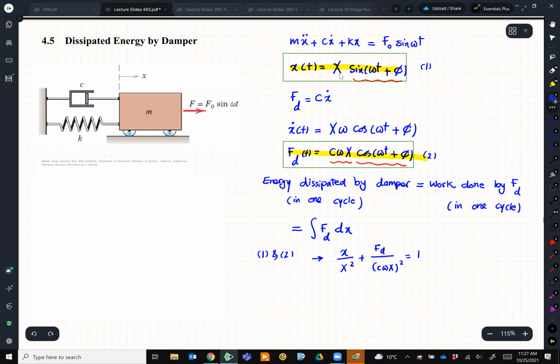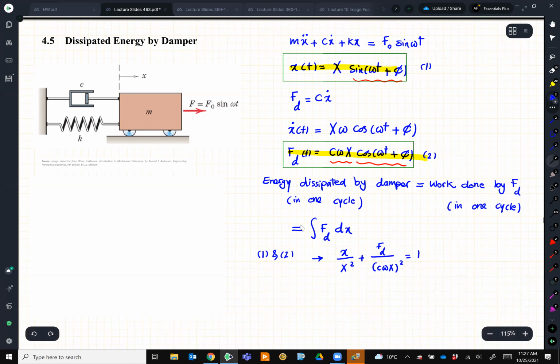All I did was write down sine of something squared plus cosine of something squared is equal to 1. So you can simplify it and you will get to this equation. So what is this equation? Looks like a circle or no? Looks like an ellipse. Do you agree?